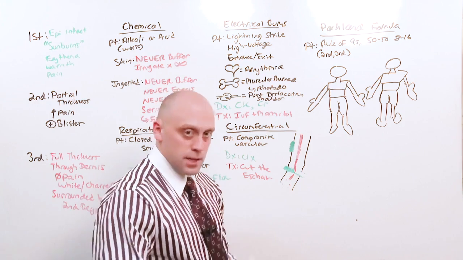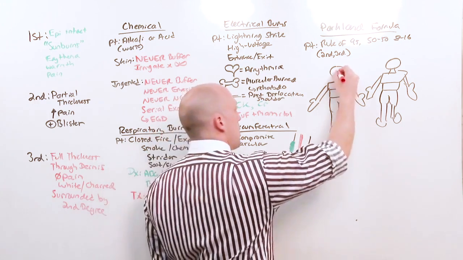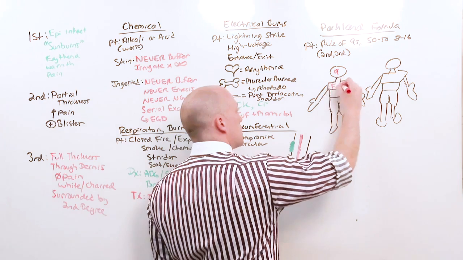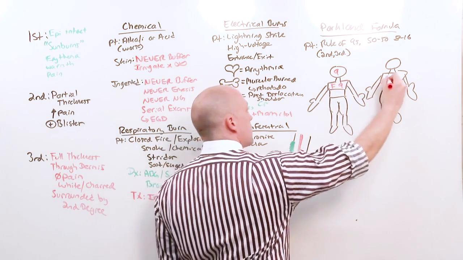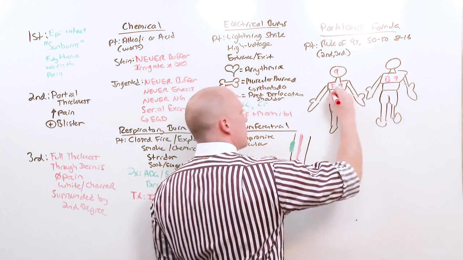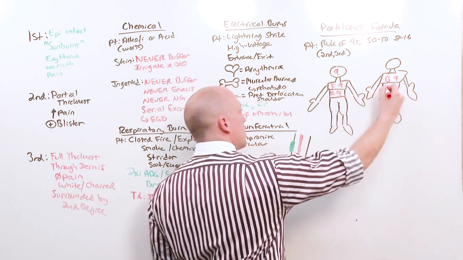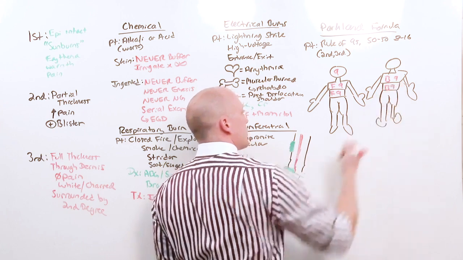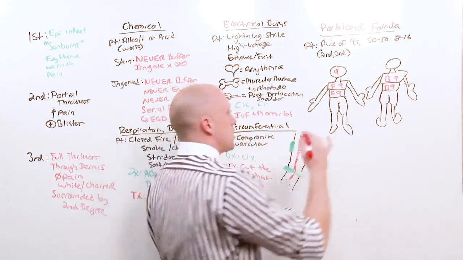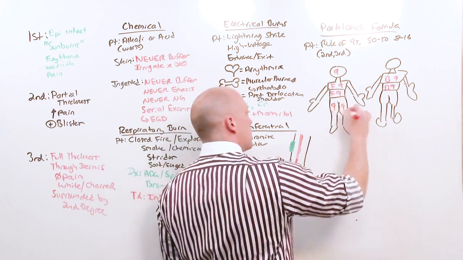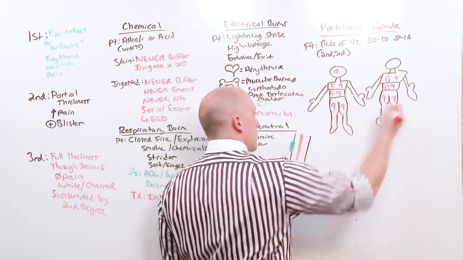The head, it's worth 9. The front of the chest is worth 9, and the back of the chest is worth 9. The front of the abdomen and pelvis is worth 9, and the back of the abdomen and pelvis is worth 9. The front of each leg is worth 9, and the back of each leg is worth 9.